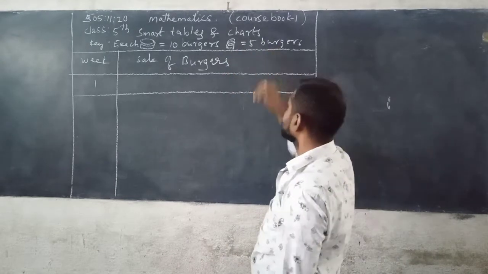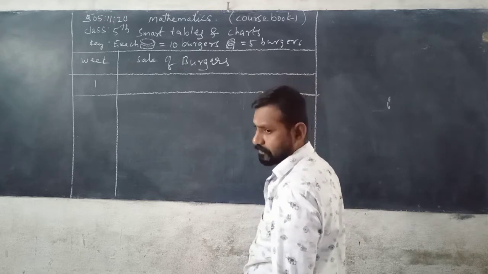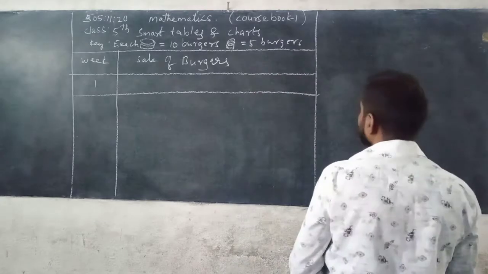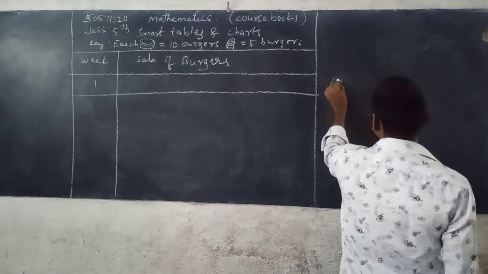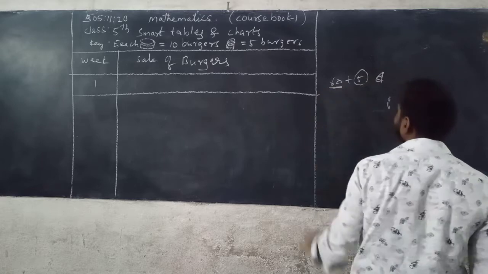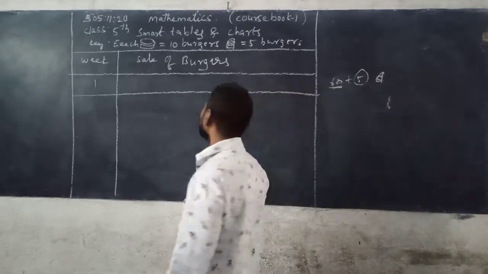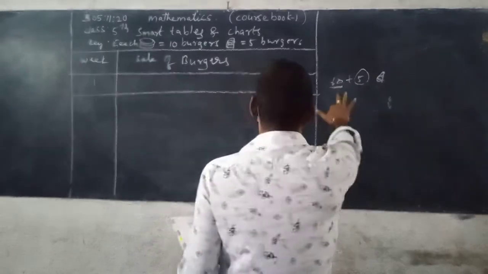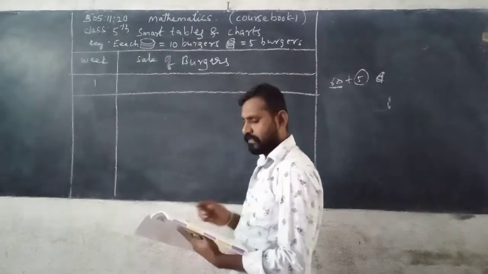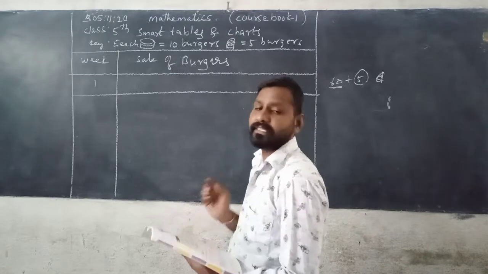See here, 65 burgers means 60 plus 5. The 5 means half a burger. Then 60, how many burgers can you draw? 60 divided by 10, so you get 6 burgers.